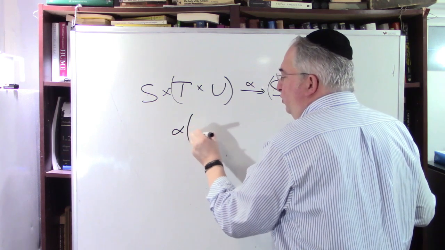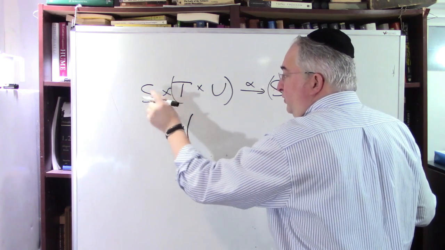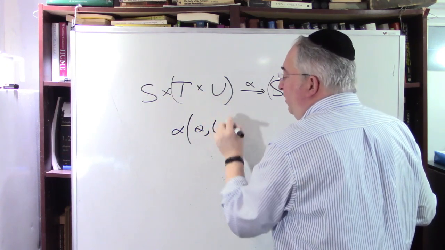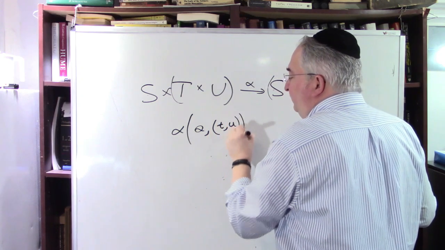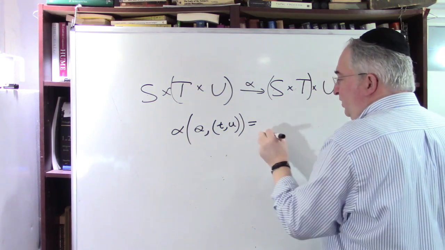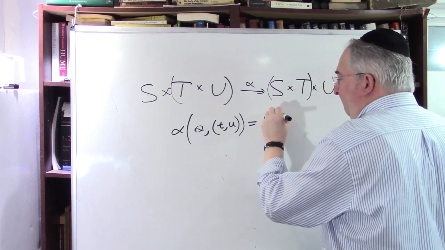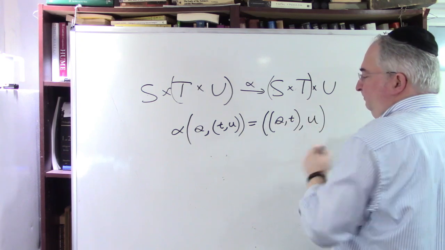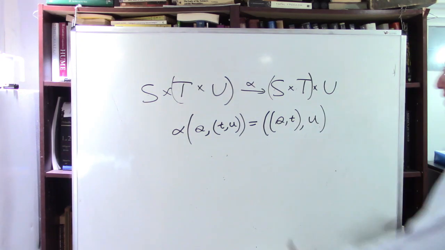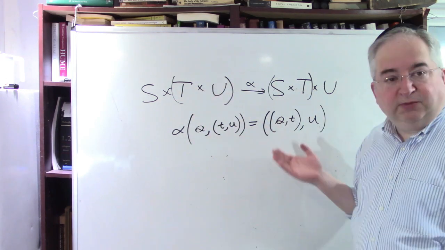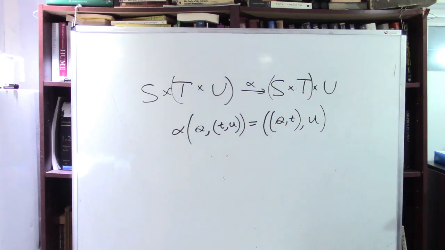A typical element here will be a pair of objects, because this is what it is. And the output will be, ready? Little s, comma, t, comma, u. So these are elements of the sets S, T, and U. So basically you're moving the brackets, you're moving the ordered pairs made out of parentheses, from this way to this way.